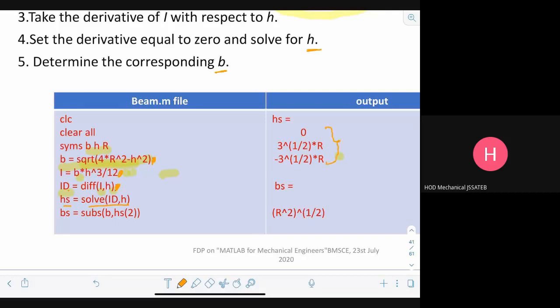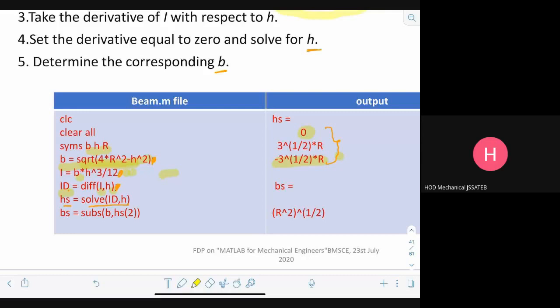So try this example. Remember, you can remove the semicolon to see the intermediate values that you are going to get. When you solve ID, which is the expression that you got by differentiating I with respect to H, you would have got three values. Now, the negative value is a trivial solution, which means it is not of practical importance because you cannot have height to be negative.